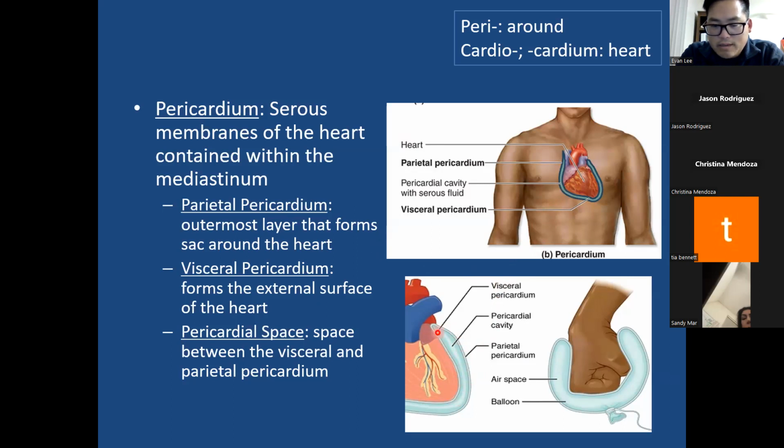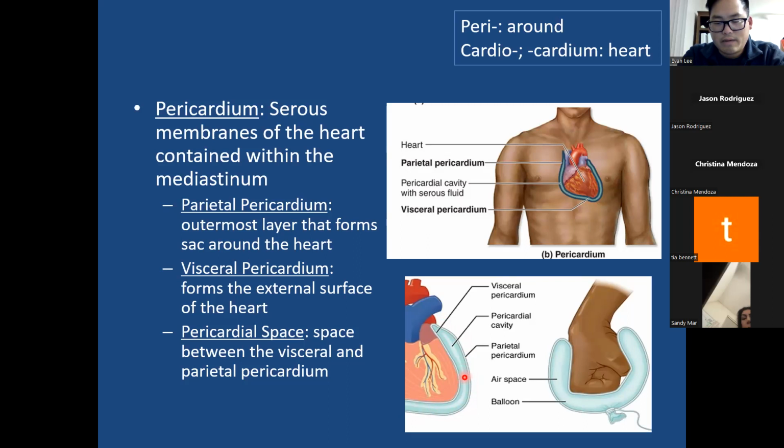This region right here, it's touching the heart. It's touching the organ. So this is called visceral pericardium. So visceral pericardium is the one touching the heart. And then in the mediastinal cavity, the one that's along the outside is called parietal pericardium. So do you see how it's the same, just a little more specific?